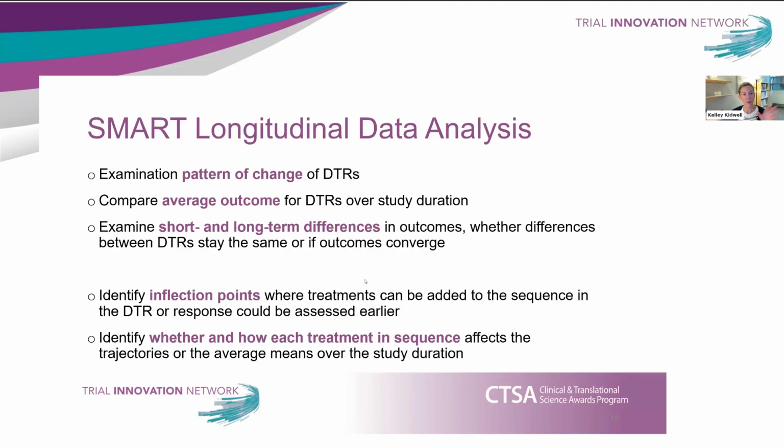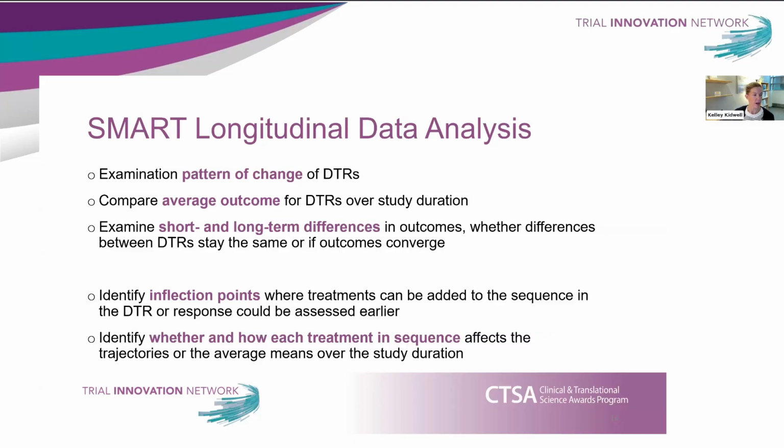What's really cool about this too is that we can identify these inflection points where maybe it would be best to add treatments into the sequence, or where response could be assessed earlier within those dynamic treatment regimens. And something of interest specifically in the oncology world now, and I've been talking about at recent FDA and American Statistical Association meetings, is thinking about the sequence of treatment and how each part of that sequence is affecting the outcome over the trajectory.